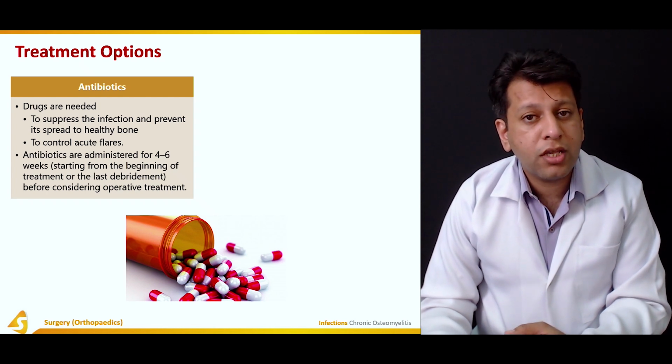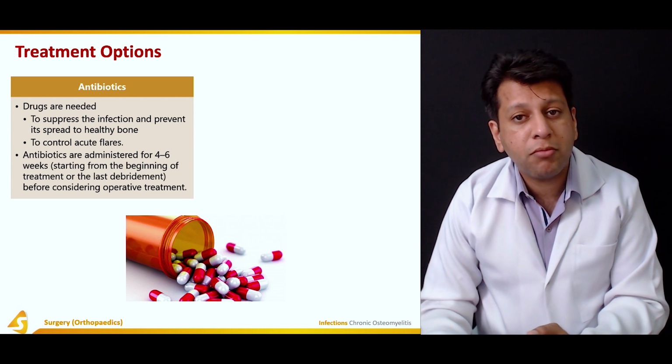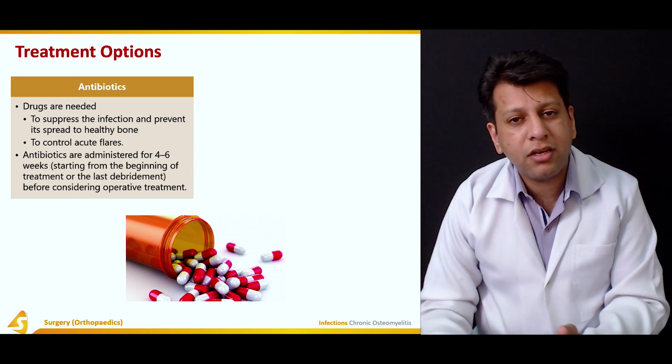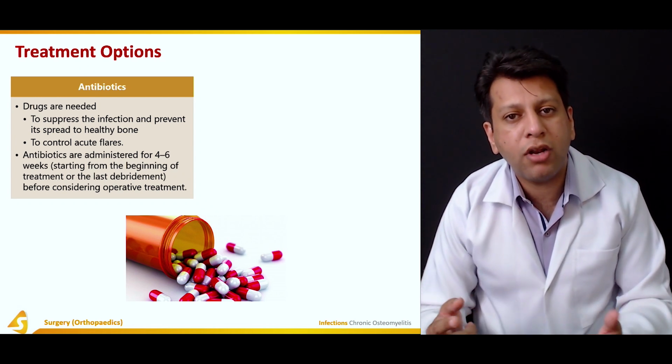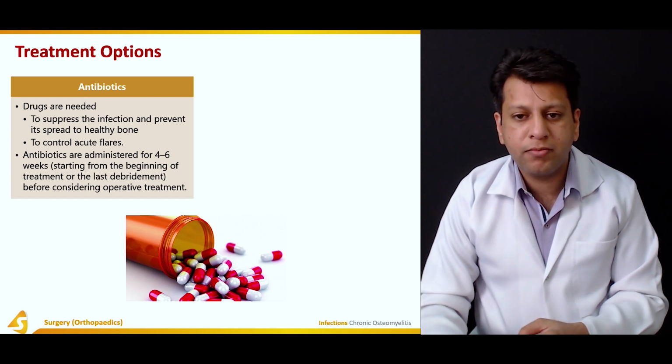And now the important thing is antibiotics are administered for 4 to 6 weeks, and that has to be mostly IV. Now some recommend 2 weeks IV and then you switch to oral. Then others say that you start with IV and then you add oral after 2 weeks, but usually IV antibiotics have to be given.